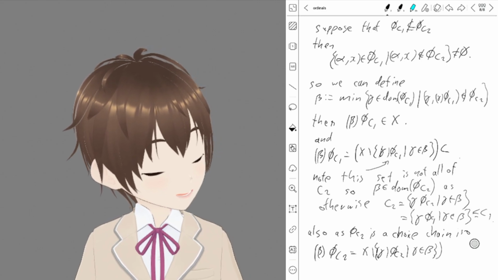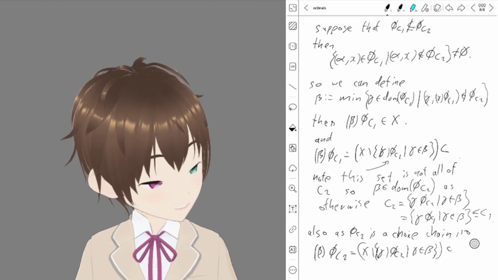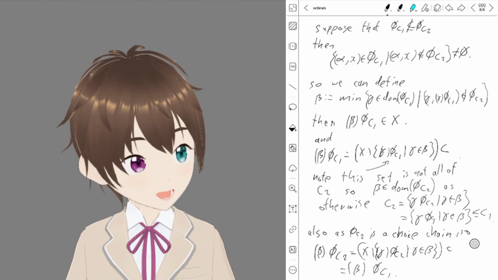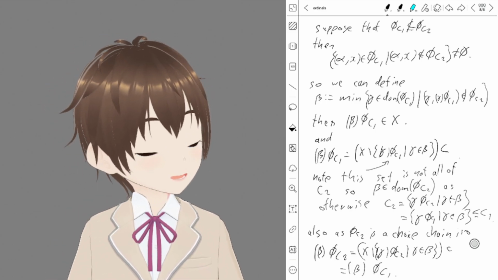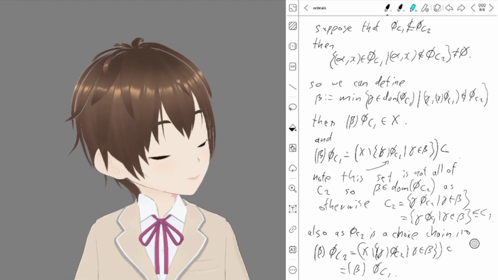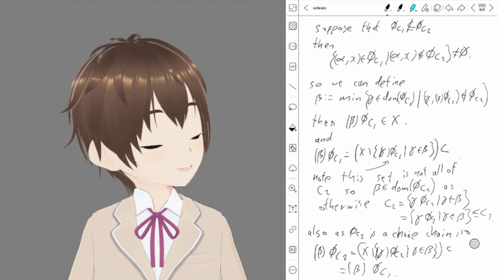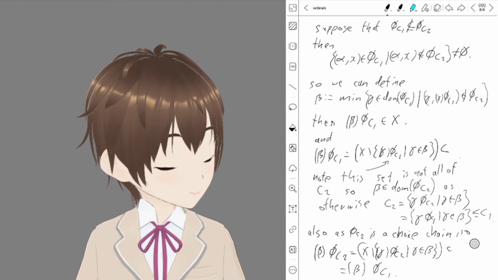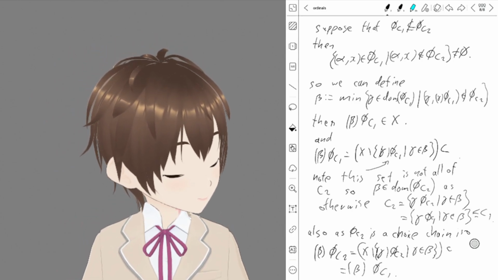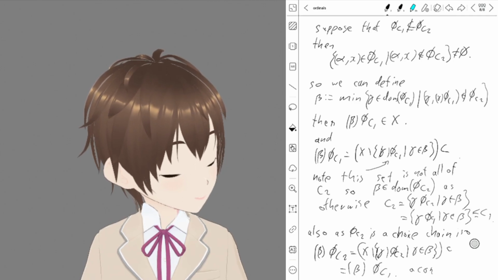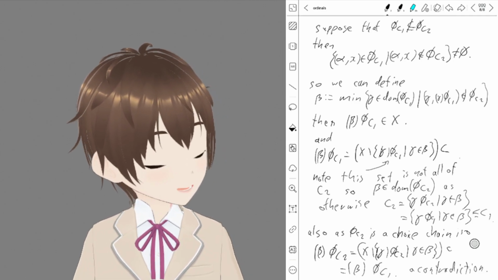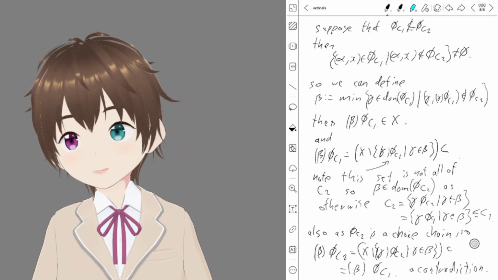And I apply choice to it, which is equal to beta phi C1, which is a contradiction because I just said up here that beta is the smallest thing where phi C1 and phi C2 disagree. This is a contradiction, because phi C1 and phi C2 have to disagree on beta.